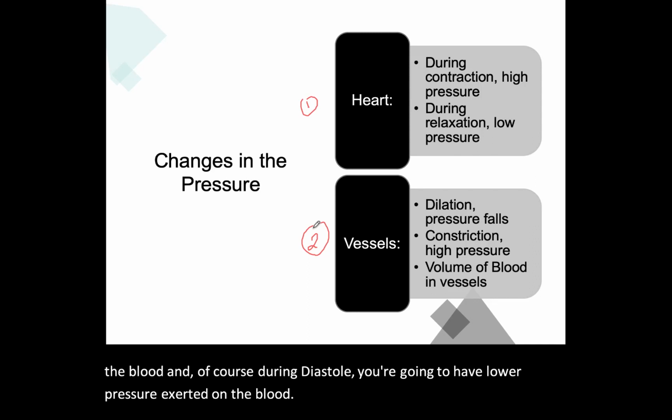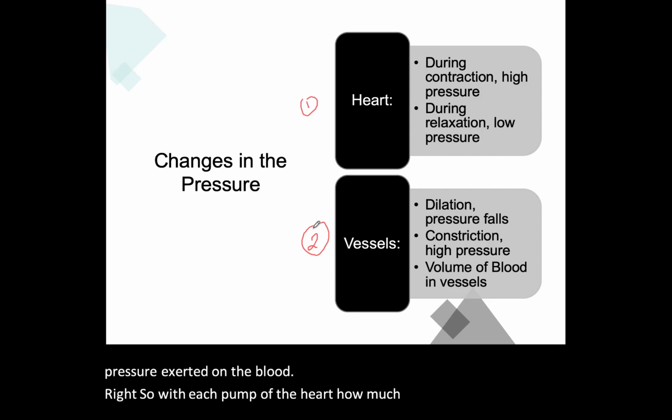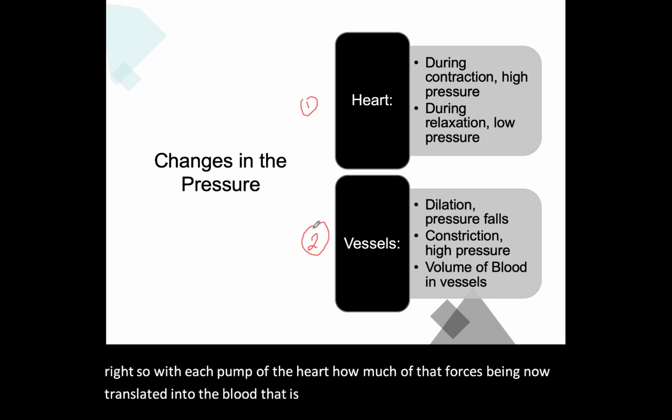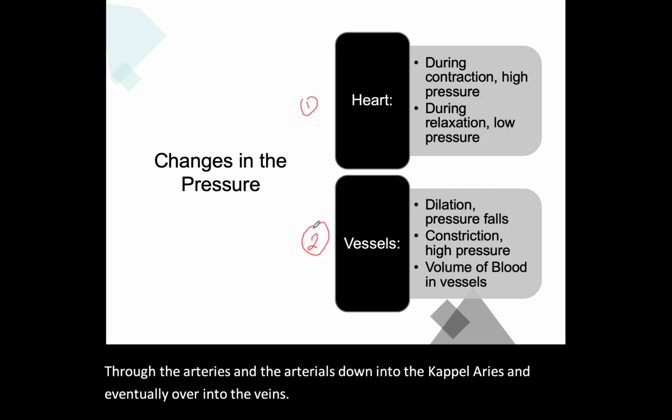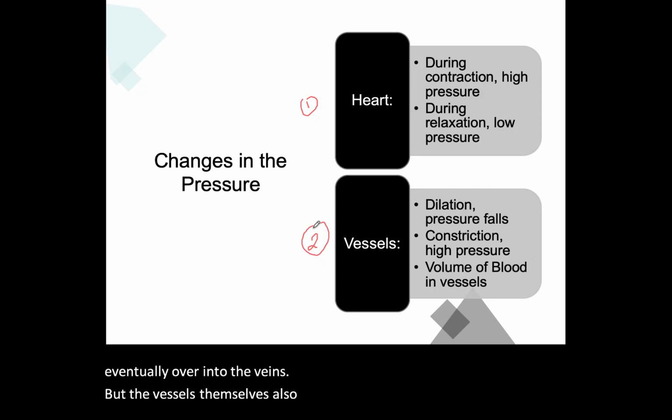So with each pump of the heart, how much of that force is being now translated into the blood? That is going to drive hydraulic pressure through the arteries and the arterioles, down into the capillaries, and eventually over into the veins.